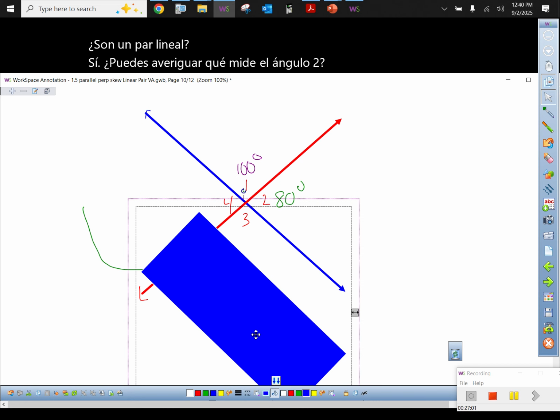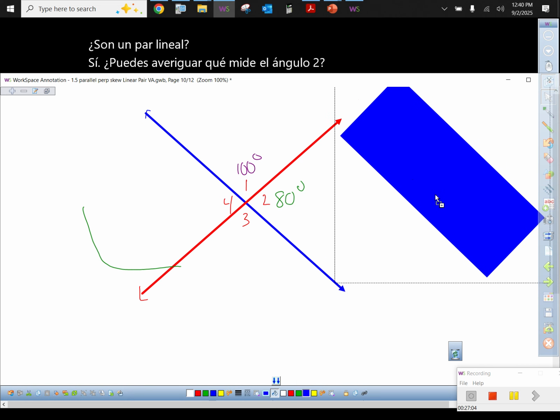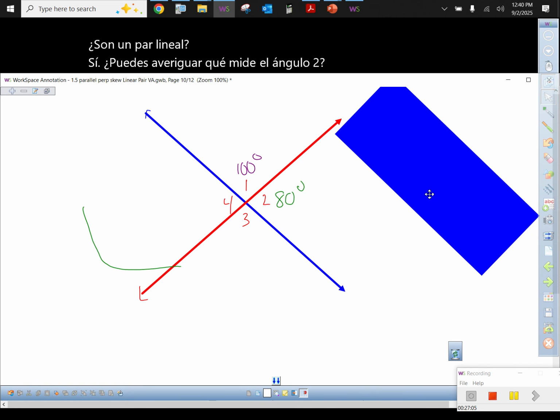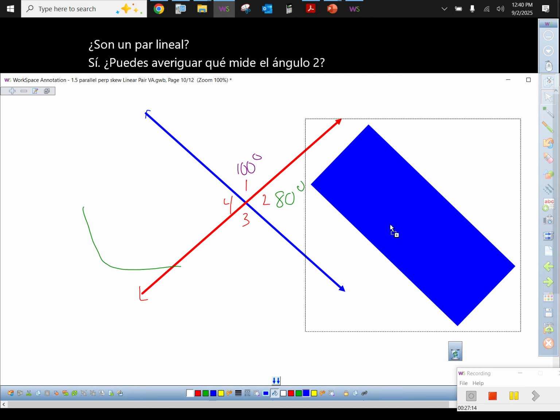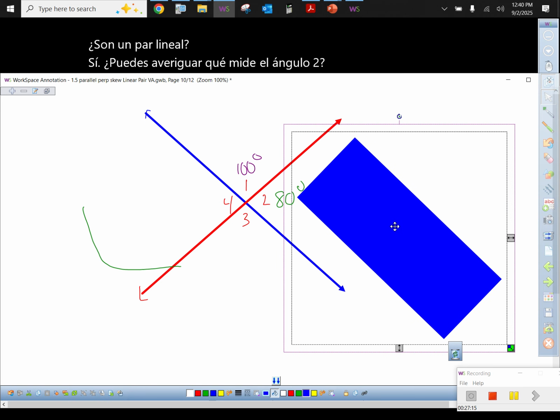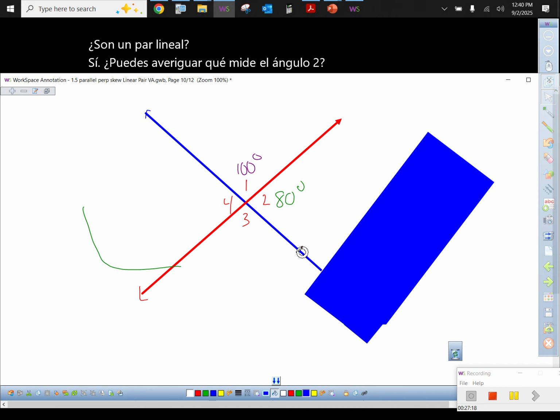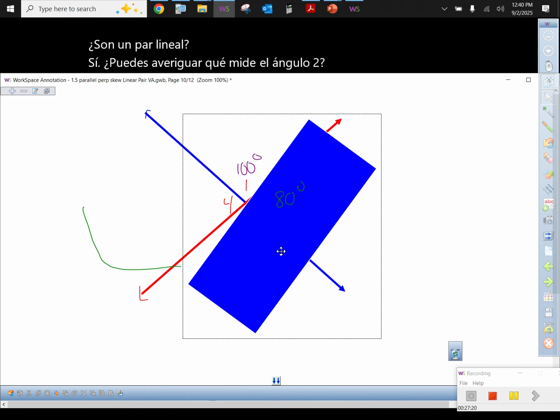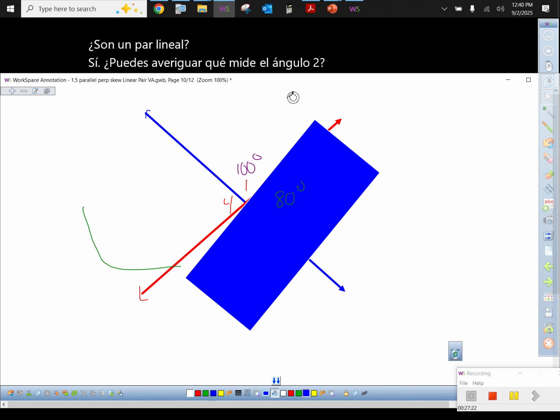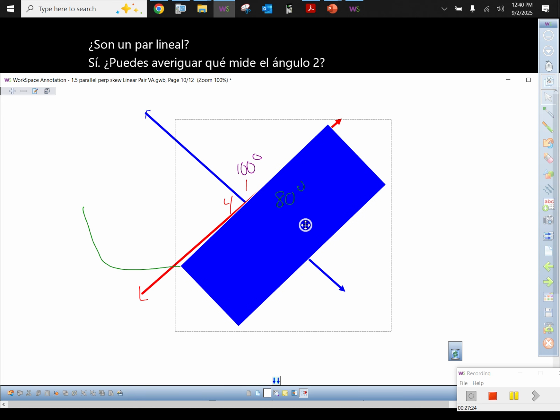Can you find another angle that is a linear pair with angle 1 in this picture? Pick on angle 1. Who's the linear pair to angle 1 besides 2? If I rotate this around a little bit, cover that up, rotate it a little bit better, is angle 1 and angle 4 a linear pair?